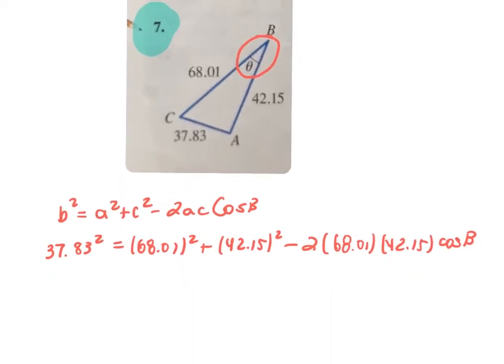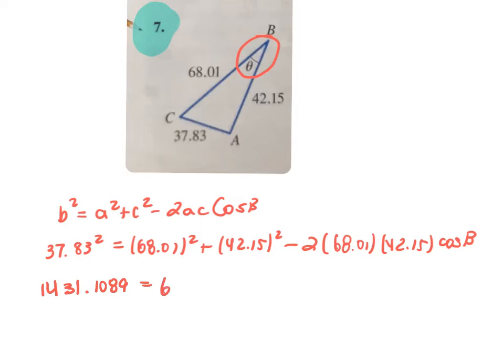Now in this case, guys, you're trying to get the cosine by itself. So let's work all this stuff out. 37.83 squared gives me 1431.1089. Now I'm going to do 68.01 squared plus 42.15 squared.